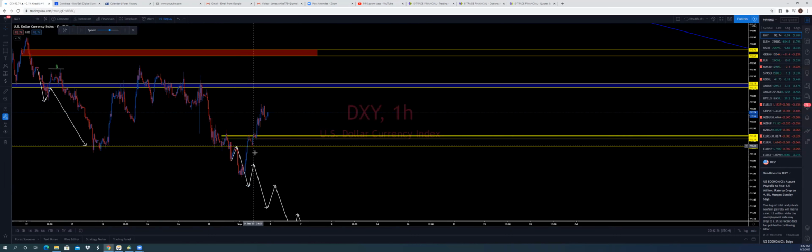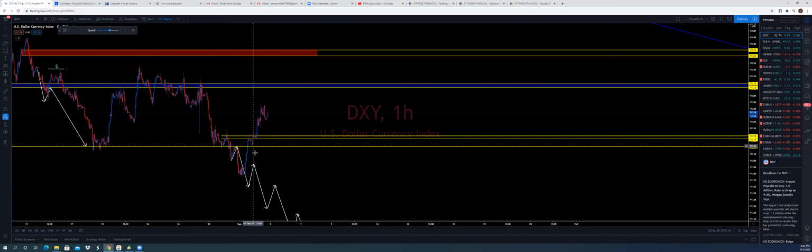Remember what I told y'all about these levels? They stay relevant even during the reversal. So we can see that here. Now what I'm looking for with the dollar is how the dollar is going to react when it reaches this level right here.